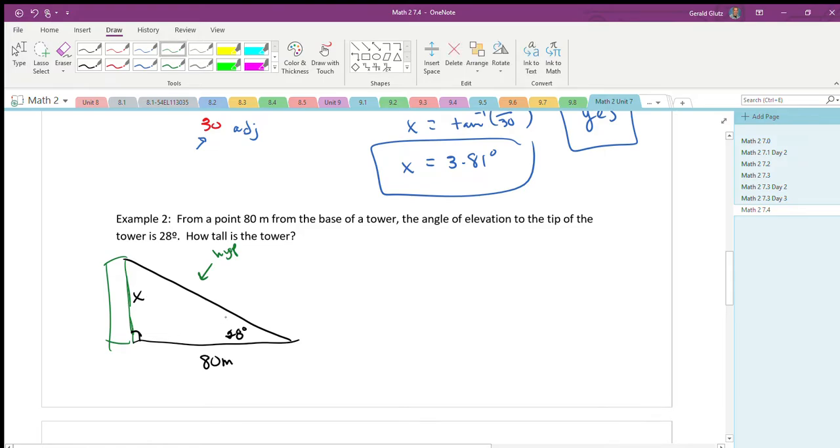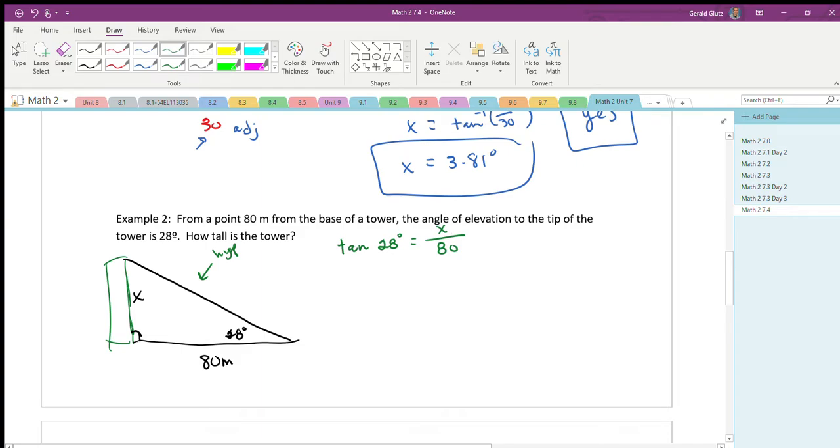So if I'm looking at this angle, 28 degrees, X is the opposite, 80 is the adjacent. So I know the opposite and the adjacent. So which trig function uses O and A? So hopefully you said tangent. So the tangent of 28 degrees is equal to the opposite divided by the adjacent. So in order to solve for X, X just needs to be undivided from 80.